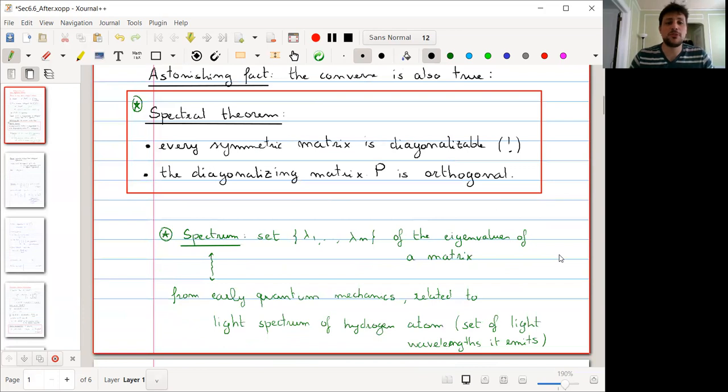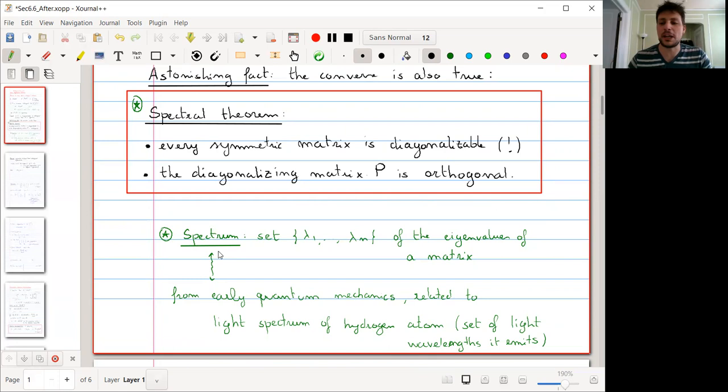I'll just comment very briefly on the name spectral theorem. The spectrum in linear algebra means the set of all the eigenvalues of a matrix. And this terminology comes from physics, actually, because some of the early quantum mechanicists realized that they could express the spectrum of frequencies that was projected out across an atom of hydrogen as a set of eigenvalues of a certain operator.